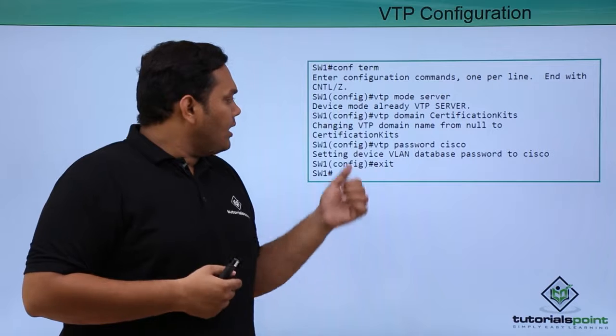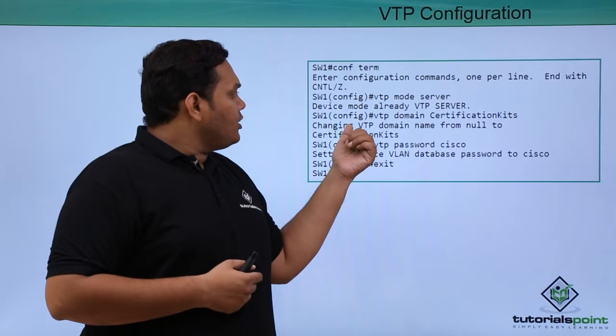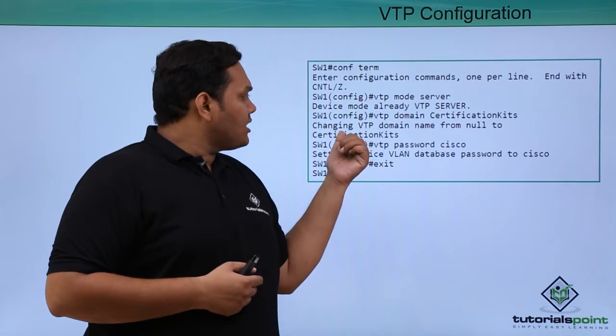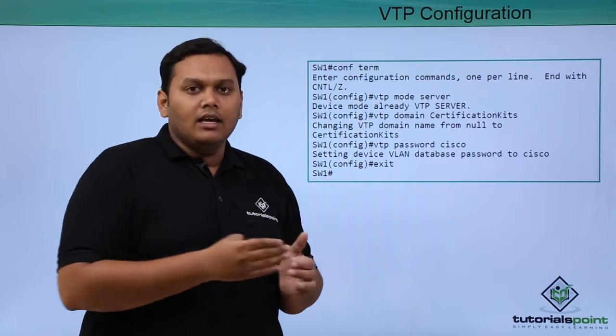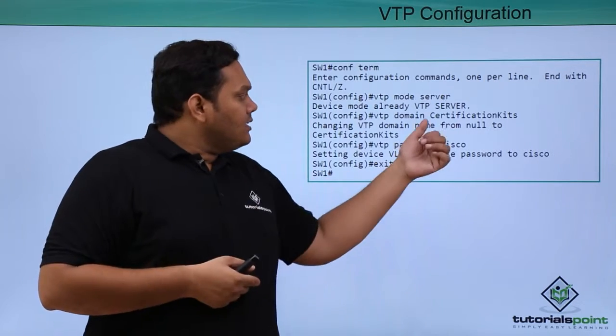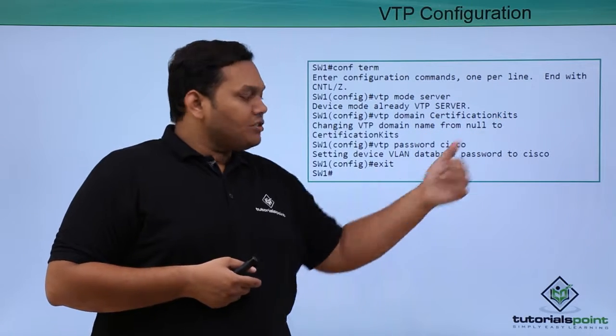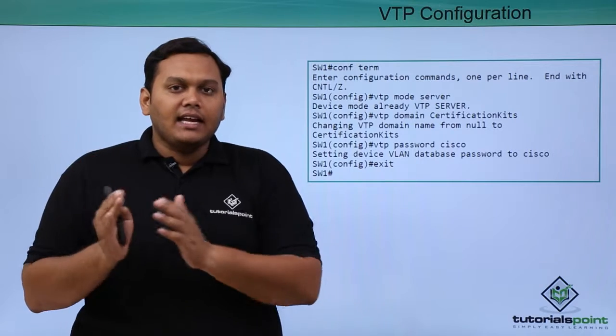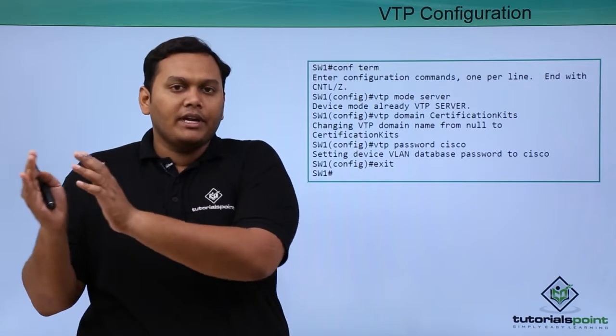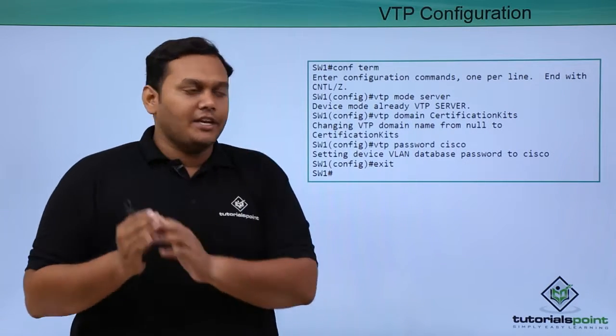Then it will pop up a message stating VTP domain name changing from null to certification kits. So, by default the domain name is null, and when we provide the domain name as certification kits, it prompts a message stating that it has been changed from null to the desired domain name, which is certification kits.